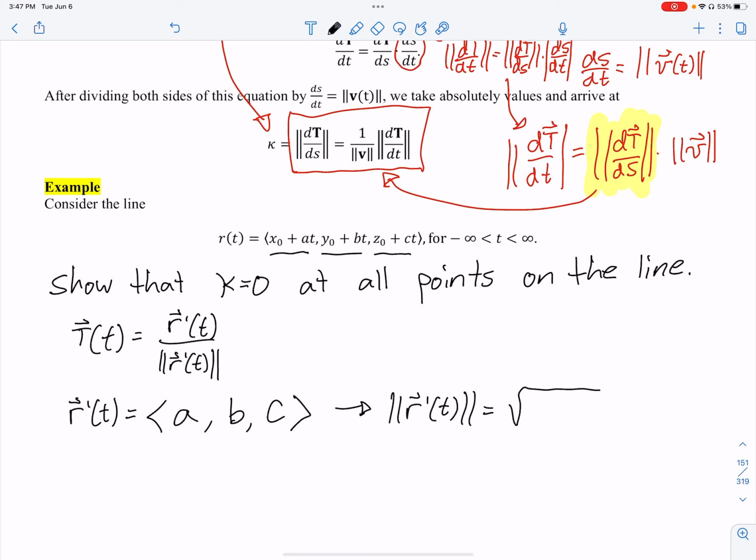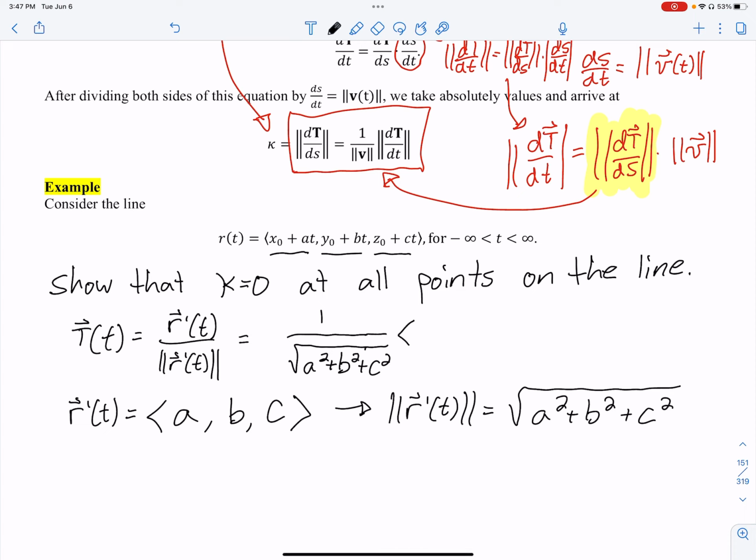That is going to be the square root of a squared plus b squared plus c squared. All right, so we have both parts. So it's going to be 1 over the square root of a squared plus b squared plus c squared, times the vector a, b, c. Okay, that is our unit tangent vector.